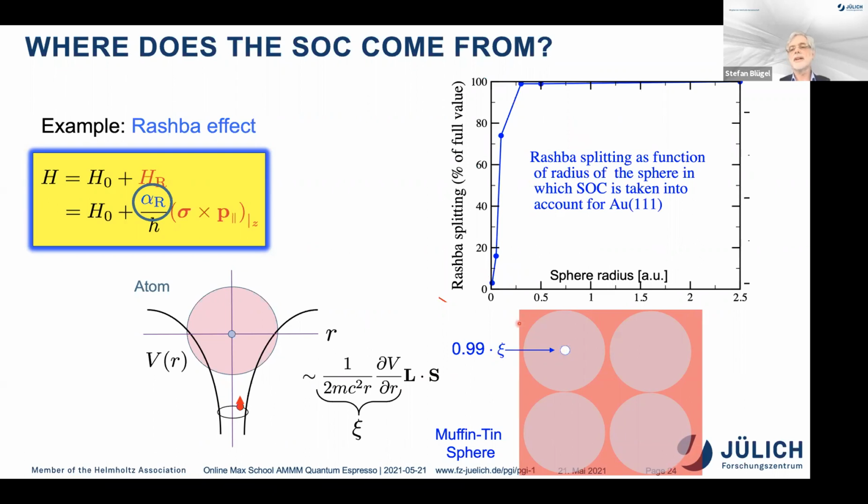And I've plotted this here. As you see, a typical sphere radius might be 2.5 atomic units. And you see 90% or 99% already at 0.3 atomic units of the sphere. So the radius might be 10%, the volume might be, I don't know, 1,000th. This you should keep in mind.